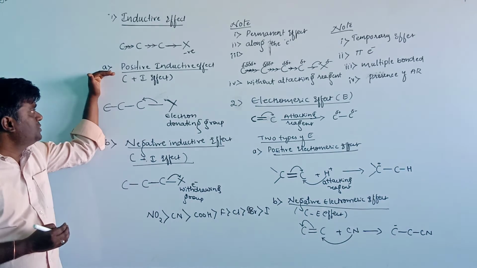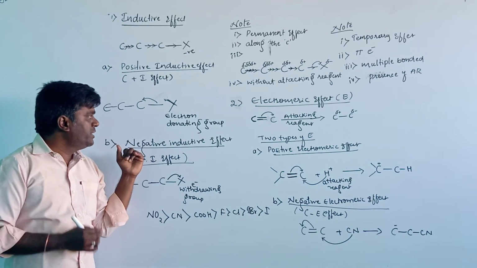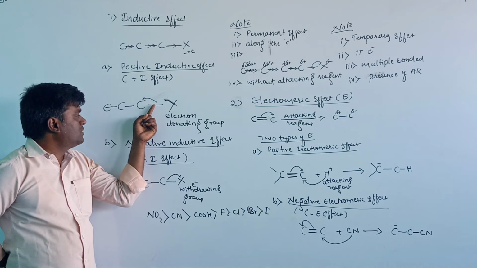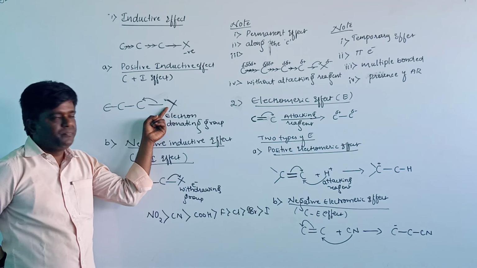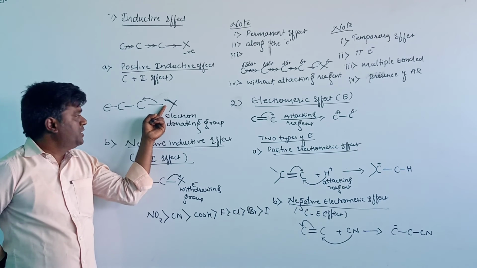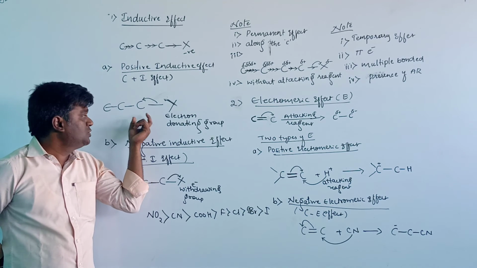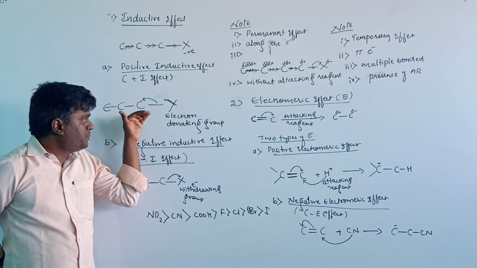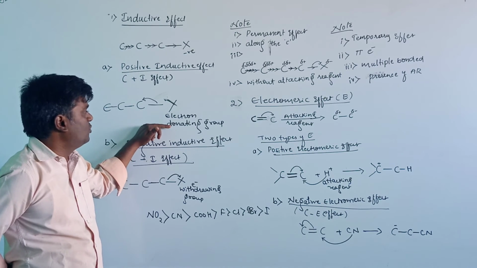Positive inductive effect means the displacement of electrons takes place away from the substituent group towards the carbon chain. The positive inductive effect is shown due to the presence of an electron donating group.